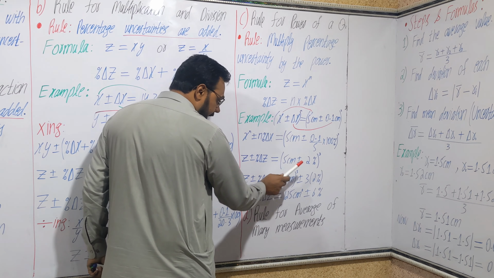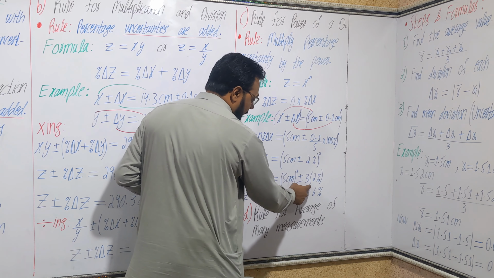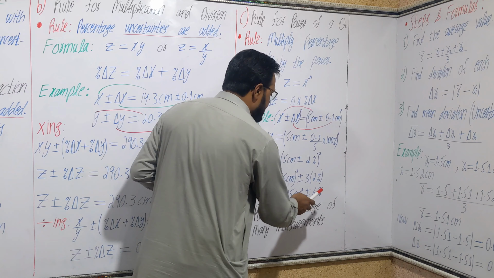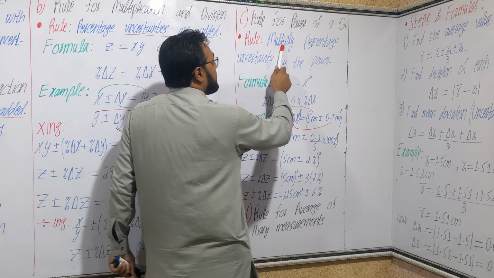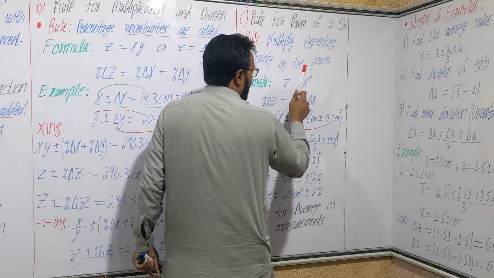This 3 will become the power of the quantity, but this power 3 will multiply with the percentage uncertainty. This is the rule. Multiply percentage uncertainty by the power. It's a rule. Remember this.